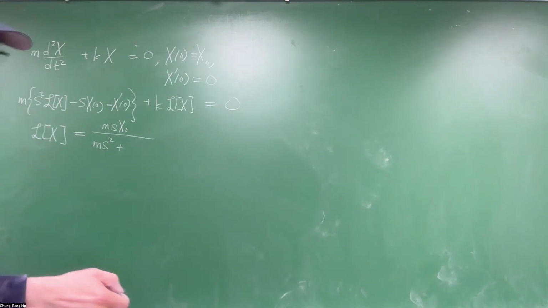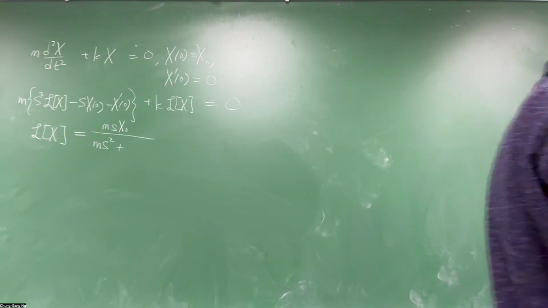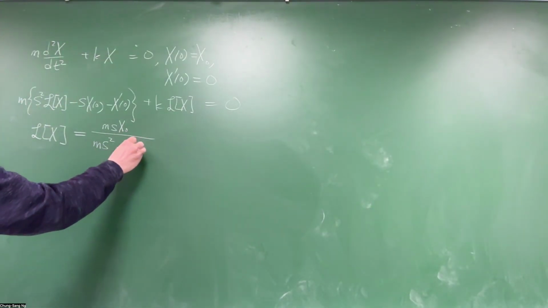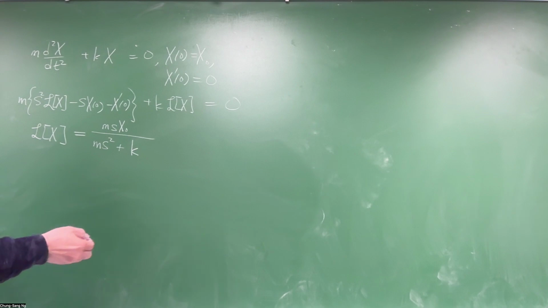Is that k or k squared? Did I write it down? Okay, it's just k. Well, whatever. It is k, yes, but you assume k is positive, because this is a spring constant, so k is assumed to be positive. Okay.